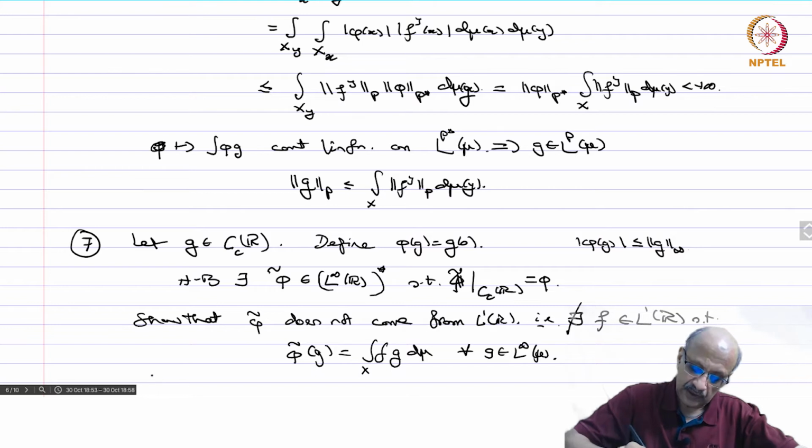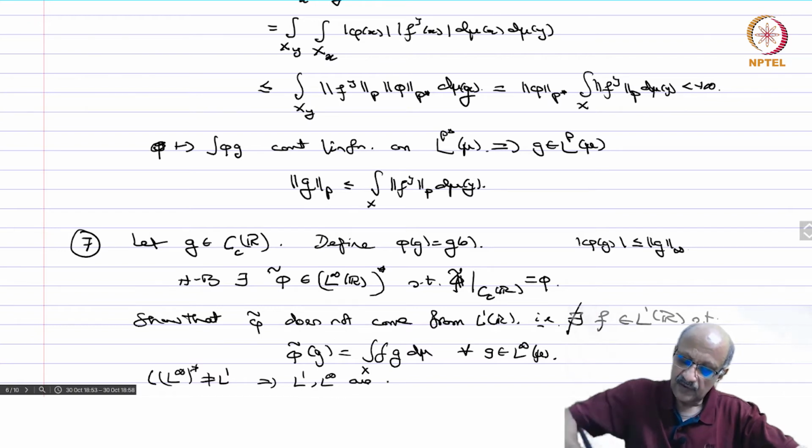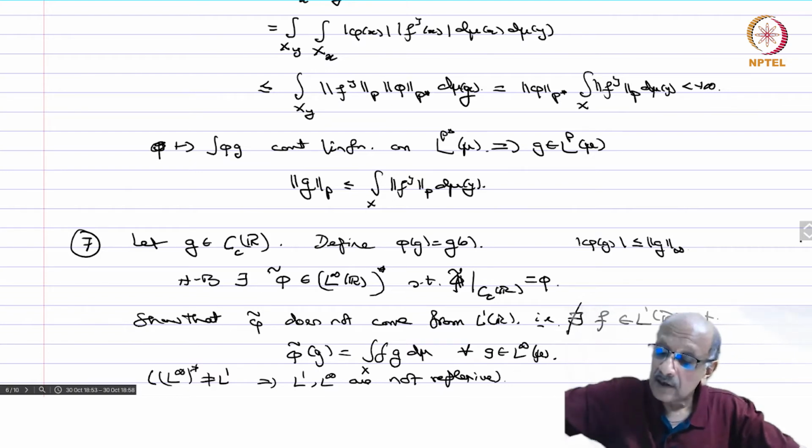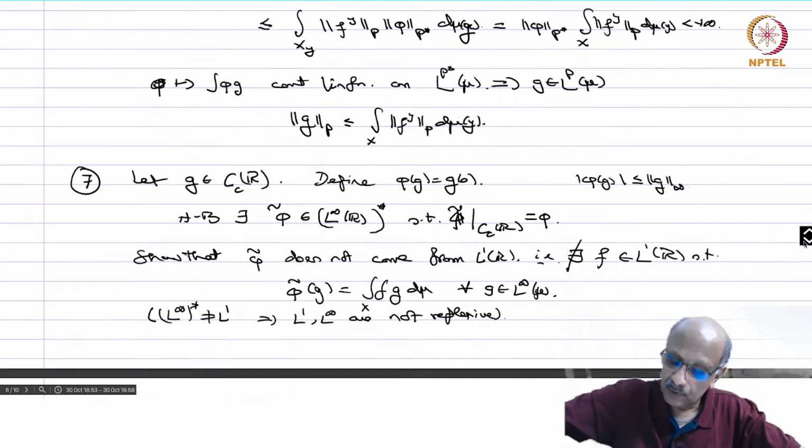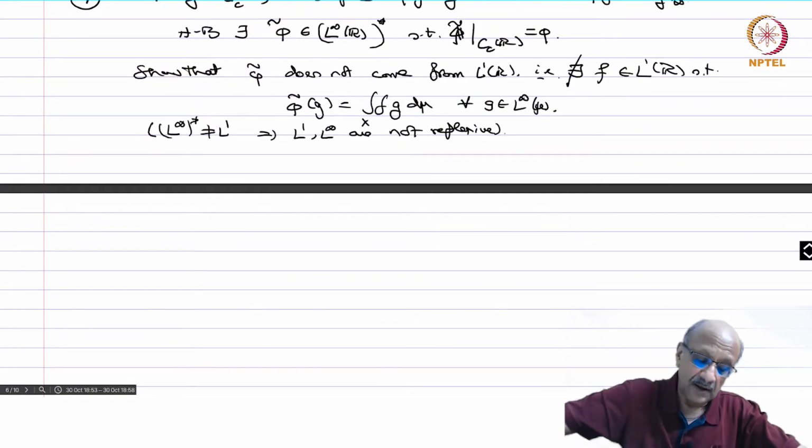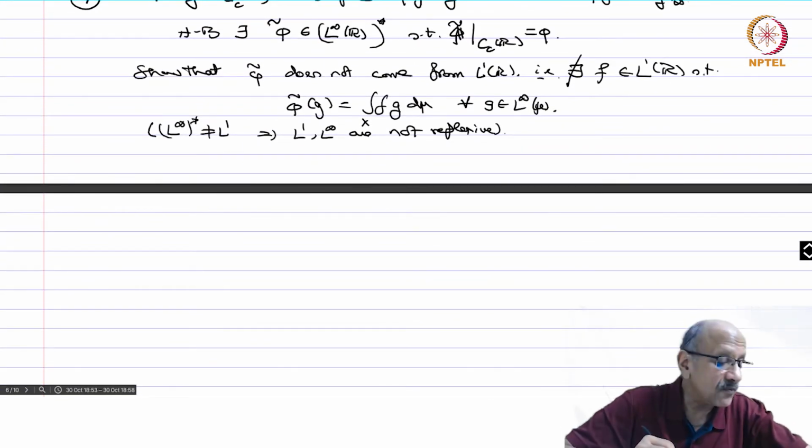So this is another proof that L infinity star is not equal to L1, which implies that L1 and L infinity are not reflexive. We gave another type of proof for that. So here we are producing directly a linear functional which does not come from it.